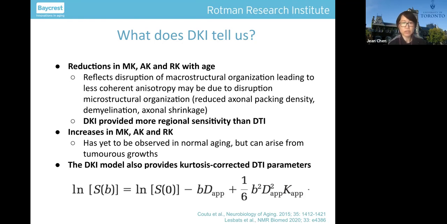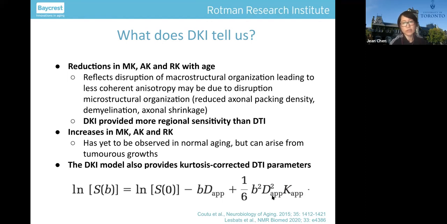So of course, that is not part of normal aging and has yet to be observed. But we do sometimes see this in regions where there is significant atrophy of the tissue, leading to a local increase in partial voluming.